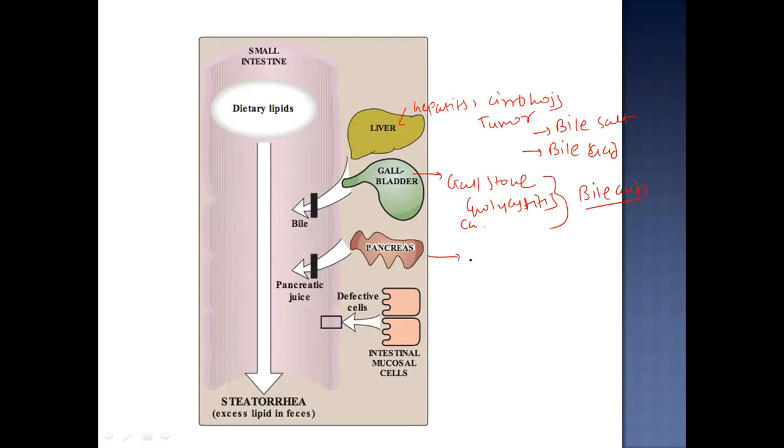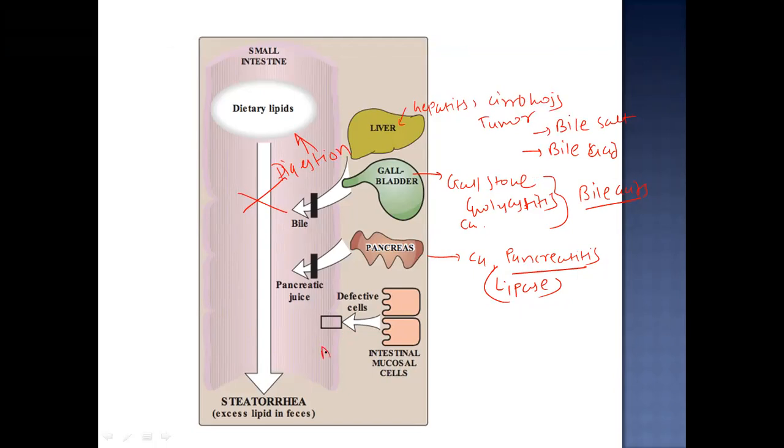Another, if there is a disease of the pancreas such as carcinoma or pancreatitis, then there will be a defect in the lipase. So pancreatic lipase will not be able to work or will not be produced in sufficient amount. So ultimately it will hamper the digestion of lipids.